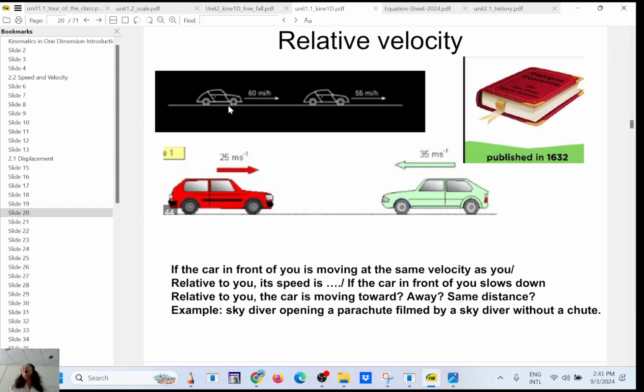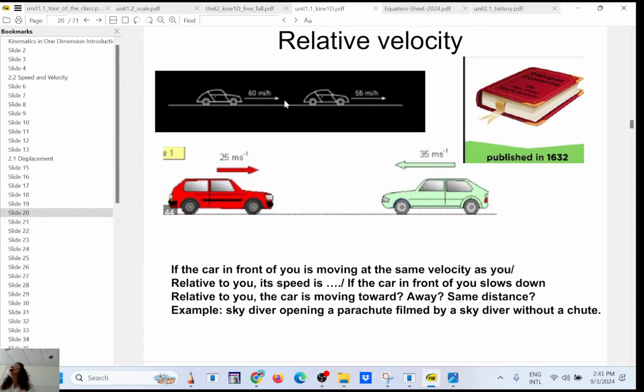So maybe this is a police officer, and this one had a speeding ticket and tried to escape, right? So the velocity between them is 5. You don't add up. You add them up when you are moving towards each other. When you are moving in the same direction, you subtract.